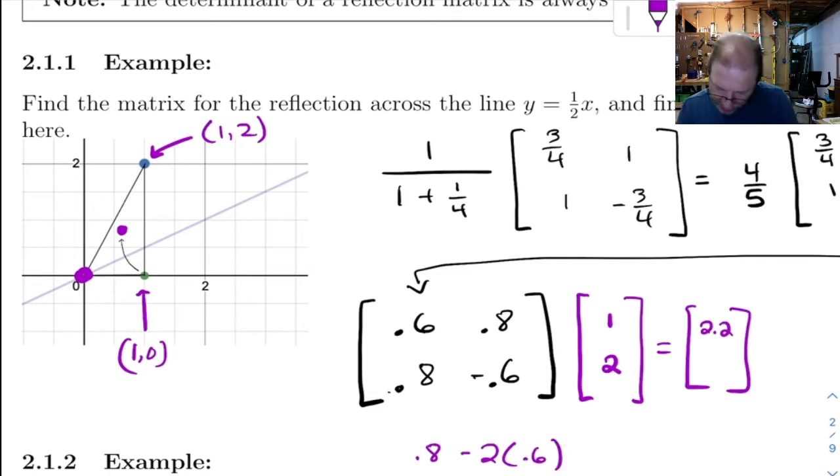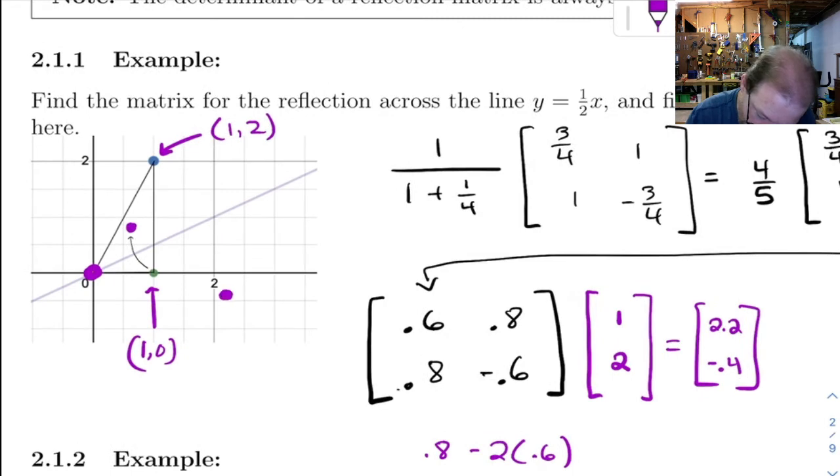So 8 minus 12 is negative 4, so this is negative 0.4. All right, so 2.2 and then negative 0.4. That would be 2.5, so 2.2 is going to be here-ish, then down 0.4, a little less than a half, so there. And so this point here maps down to there.